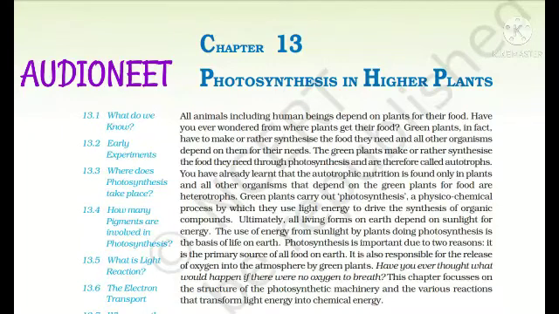However, this should not be construed to mean that they occur in darkness or that they are not light dependent. Figure 13.2: Diagrammatic representation of an electron micrograph of a section of a chloroplast.